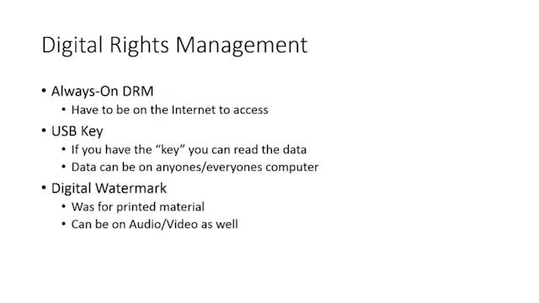So how does it work? There's a couple different ways that it works. The way that I described would be an always-on DRM. You have to be on the internet to actually access that, unless the DRM server is in your local network, and then you just have to have local connectivity.